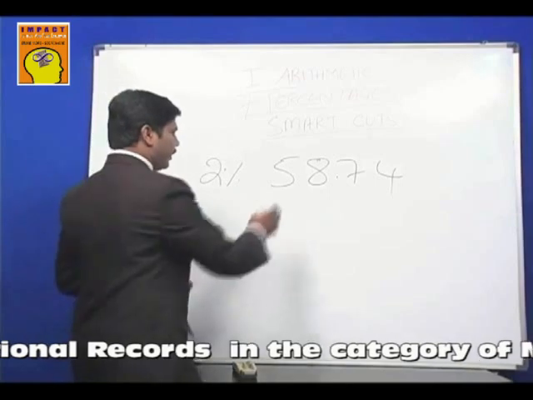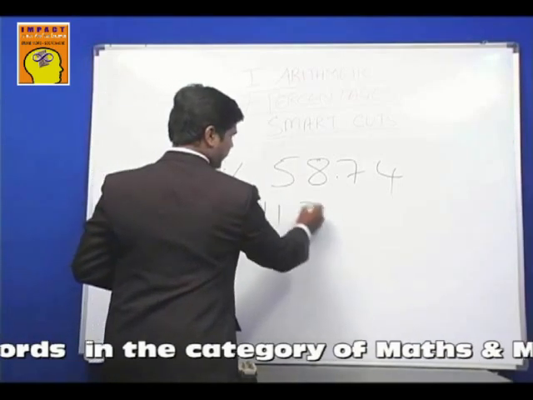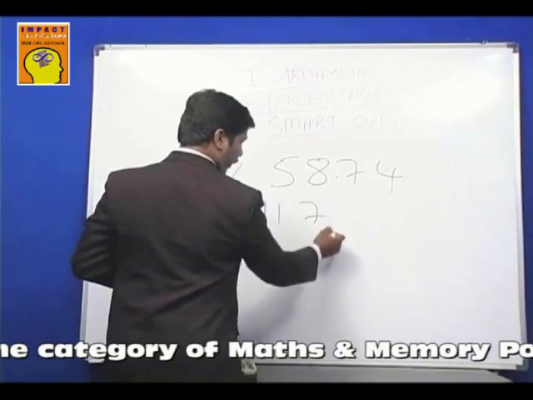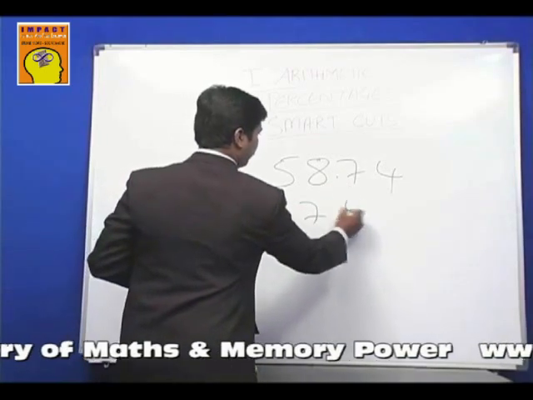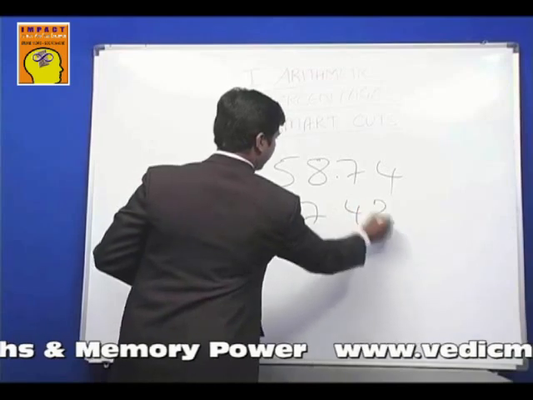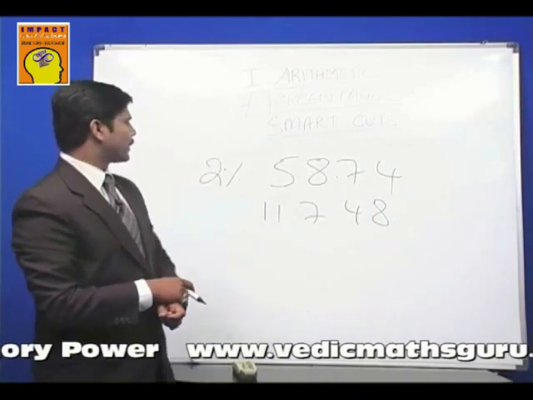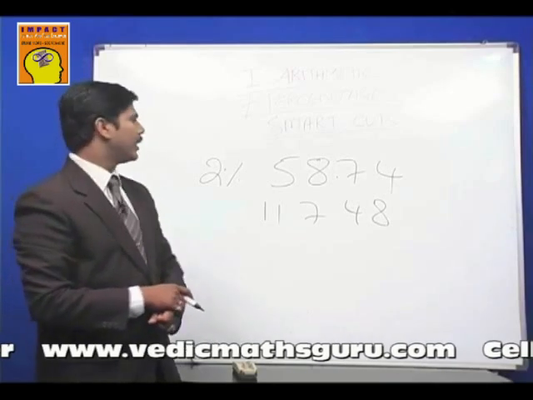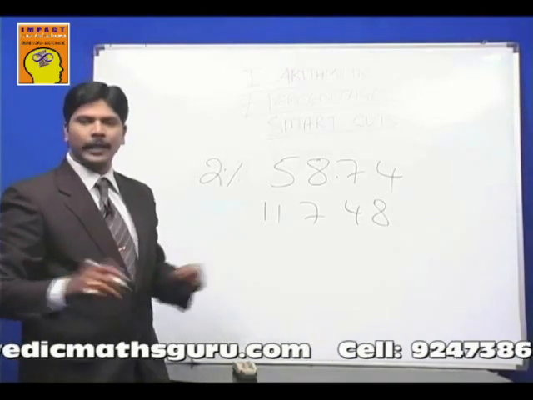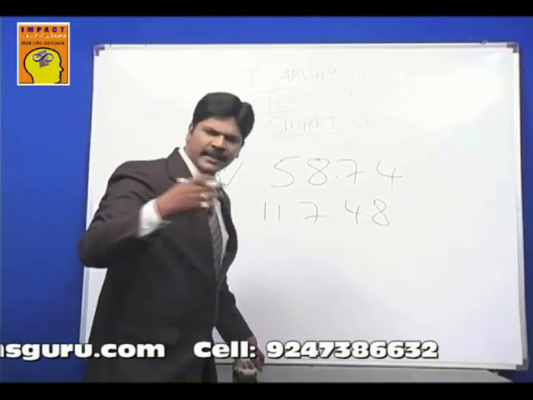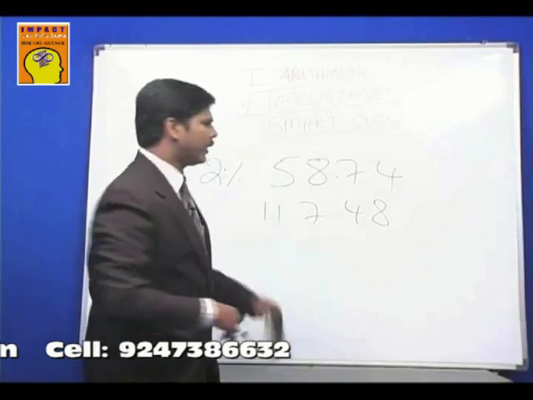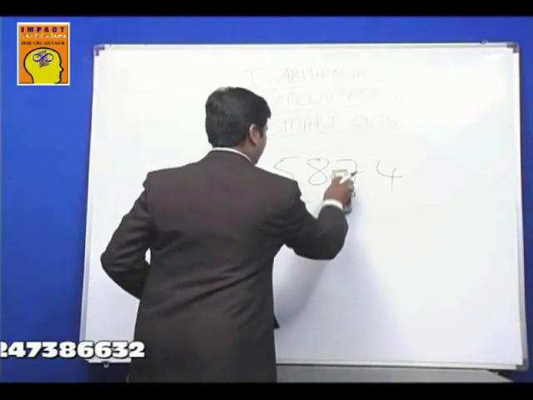So double it. Okay, come on. 10 means 11, 6 means 7. So point, get the point as is down, and then 4, and then 8. That's it. Now 2% of 5874 is 117.48.